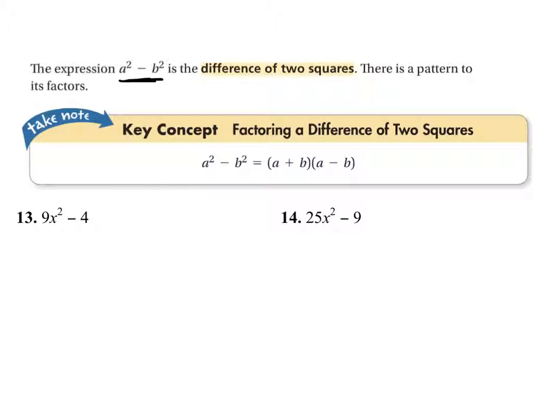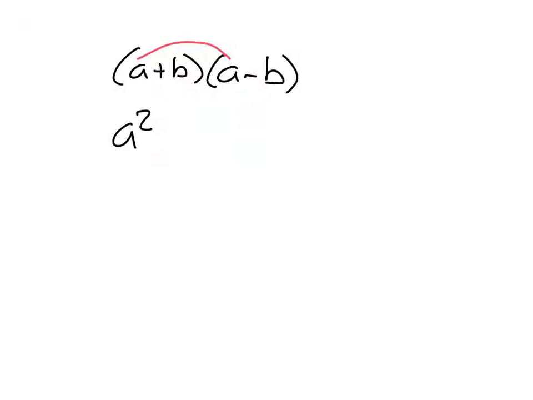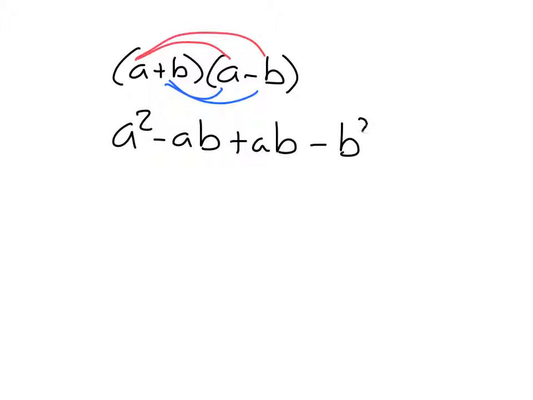Why? Let me show you real quick what happens if I start with a plus b times a minus b as my two binomials. Let's FOIL. A times a is a squared. A times negative b is a negative ab. B times a is a positive ab, and b times negative b is a negative b squared.